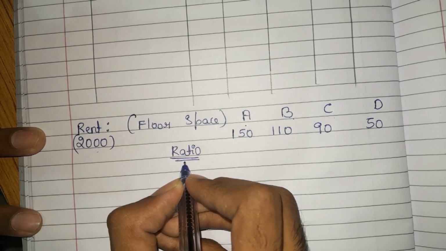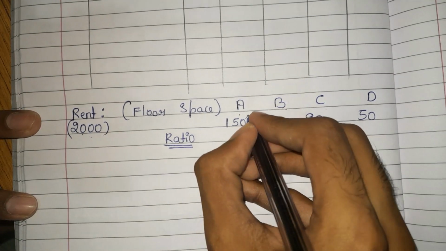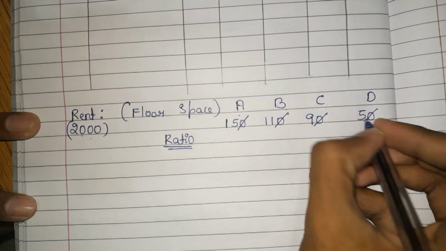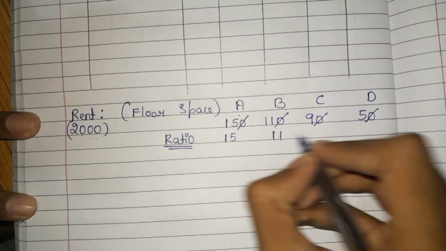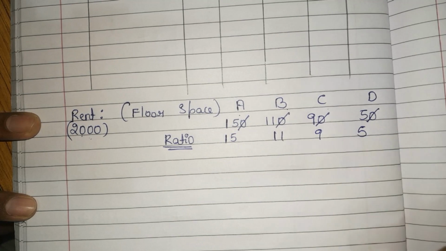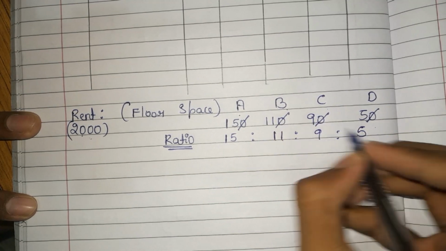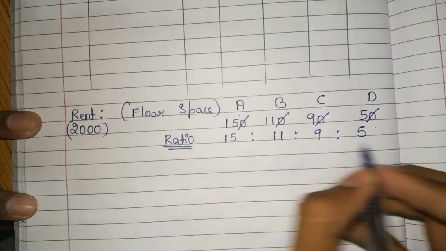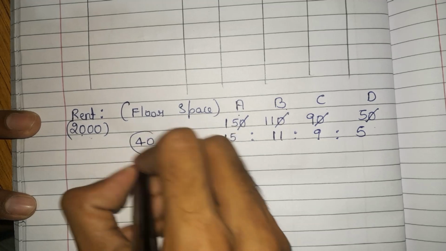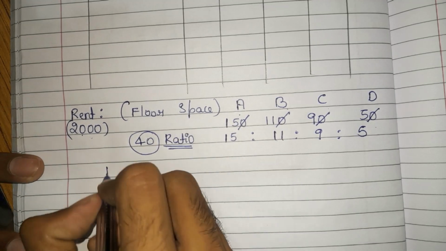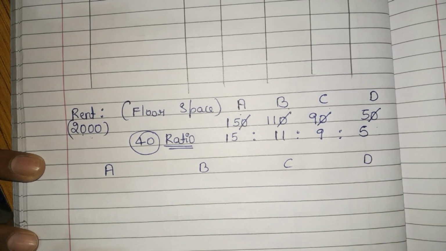Now first I will cancel all the zeros. So it will become 15, 11, 9 and 5. Further I cannot divide, so this will become my ratio. 11 plus 9 is 20, 15 plus 5 is 20, 20 plus 20 is 40. Total is 40.